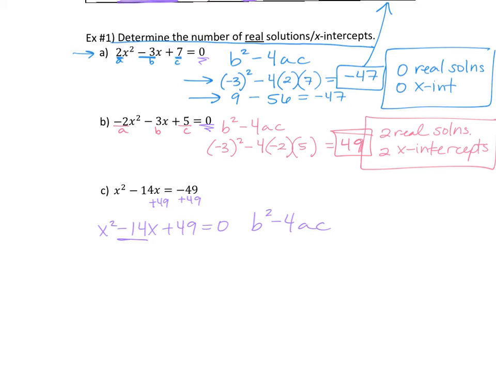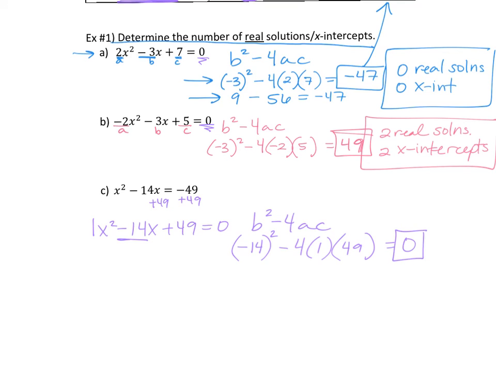So b is a negative 14. Don't forget those parentheses. Squared minus 4. Our a right now is 1, right? If there's nothing out in front of there, it's a 1. And then our c is 49. So we're going to plug this into our calculator. Negative 14 squared minus 4 times 1 times 49, and we get 0.